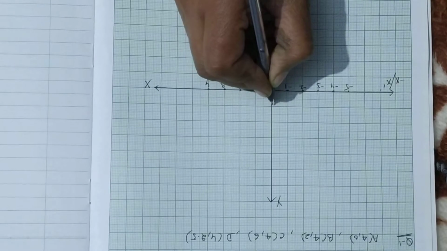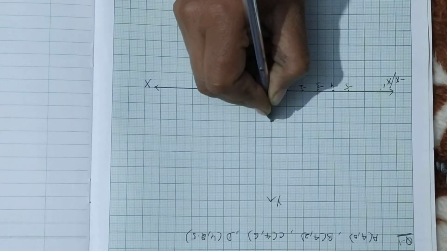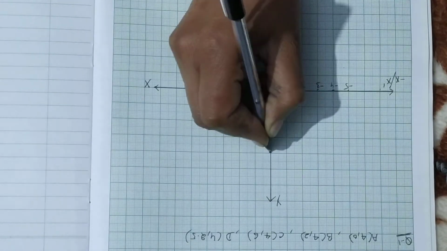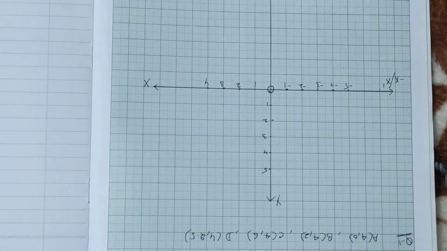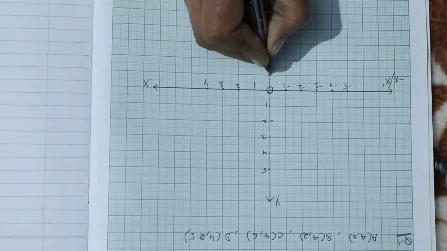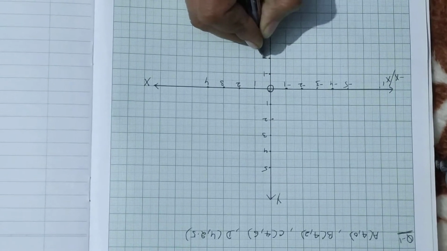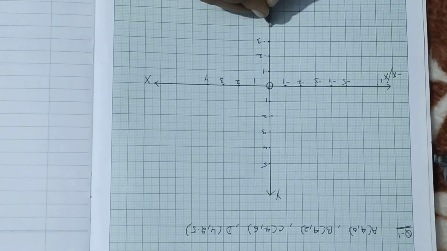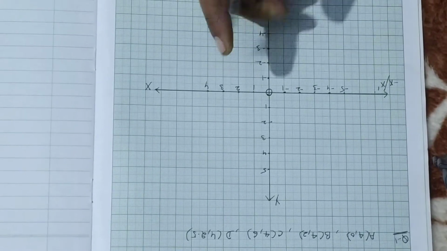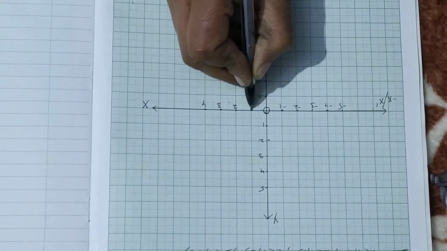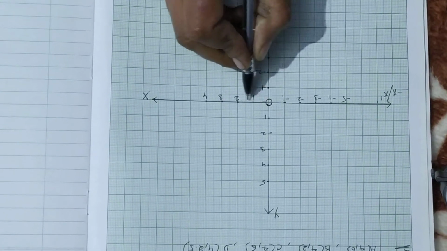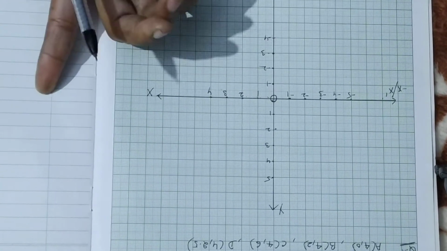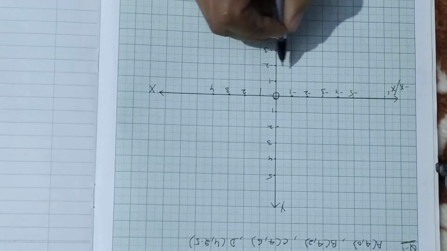Above 0 there are positive values of y, and below 0 this is y dash or minus y, the negative values of y. And this difference between two consecutive numbers must be the same. So we are taking the scale as 1 unit equal to 1 centimeter.